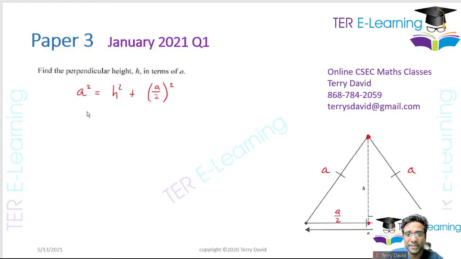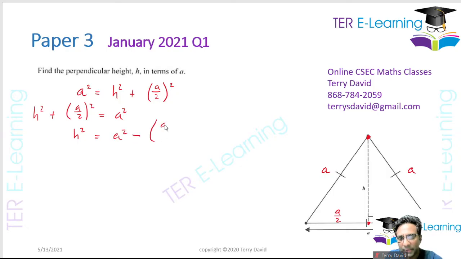So what we need to do now, we need to rearrange this formula so that we get H being the subject of the formula. So I'm going to just rewrite this as H squared plus A over 2 squared is equal to A squared, right? So therefore, H squared is equal to A squared minus A over 2 squared.